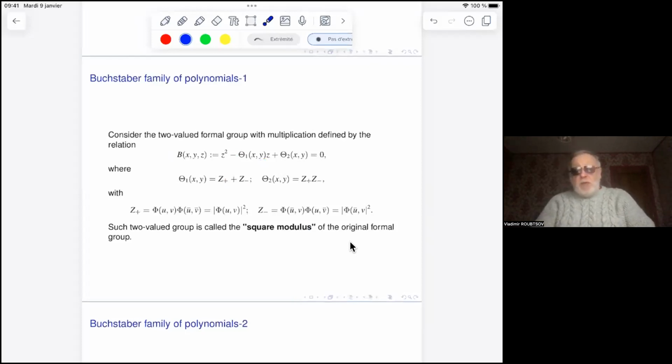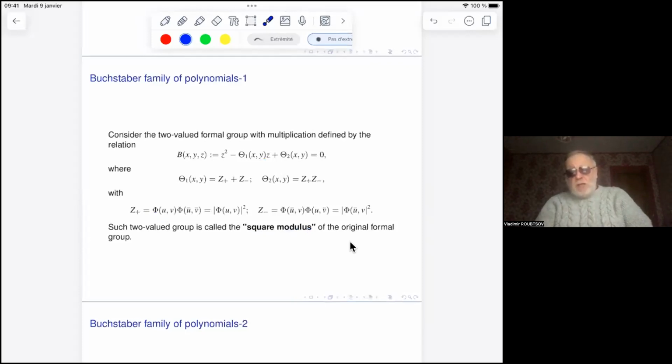And then we say that this is a two-valued formal group. Of course, it's a two-valued group because, like I showed you from the very beginning, we can define a two-valued multiplication, but formal.